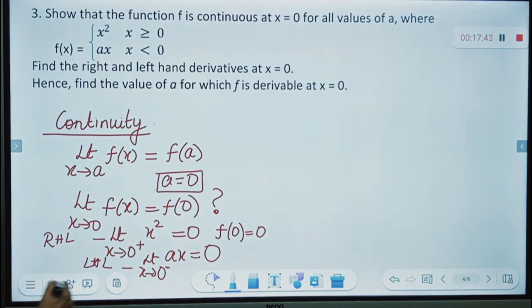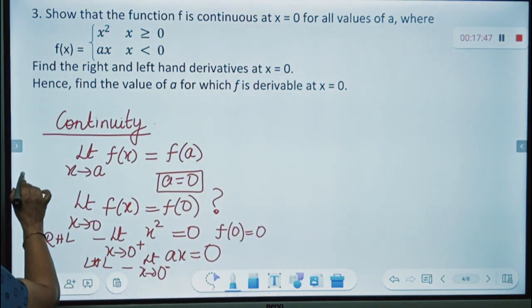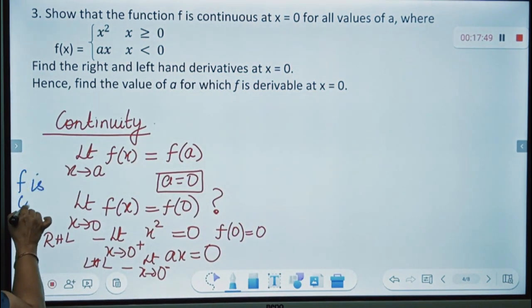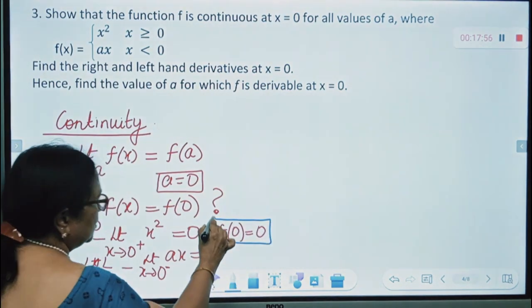So what do you conclude? Therefore f is continuous. Because f of 0 is 0.